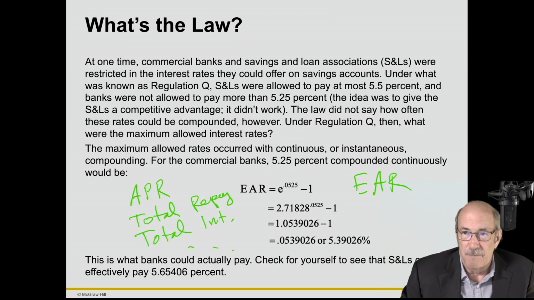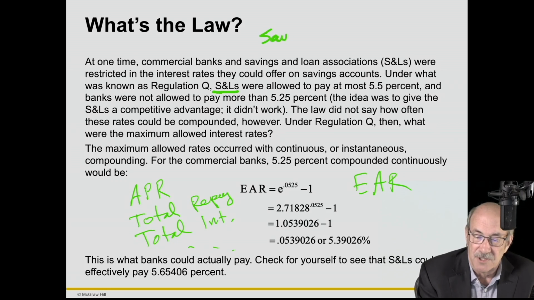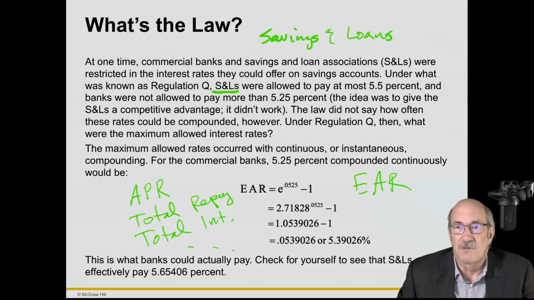Back in the bad old days of the last century, there were caps on interest rates. And for instance, S&Ls, those are things that were known as savings and loans. They were financial institutions. And what you would do is you would go down with your money and you would open a savings account. And then if you wanted to buy a house, you would go down to that same institution and you would borrow money for 30 years.